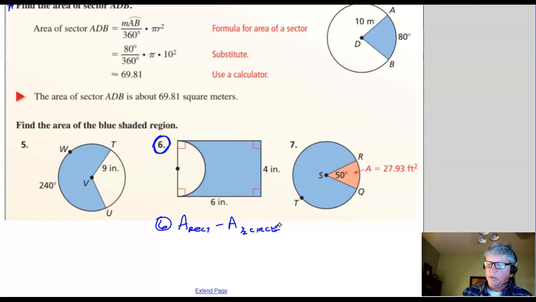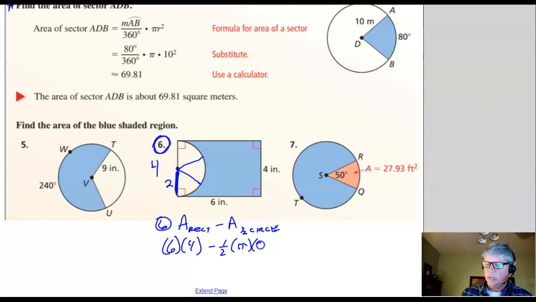The area of the rectangle is 6 times 4, minus the area of half the circle, which is 1/2 times pi times the radius squared. Well, what's the radius? The radius is this length, or you could say it's this length. And remember, this whole side is 4, so that makes the radius 2.